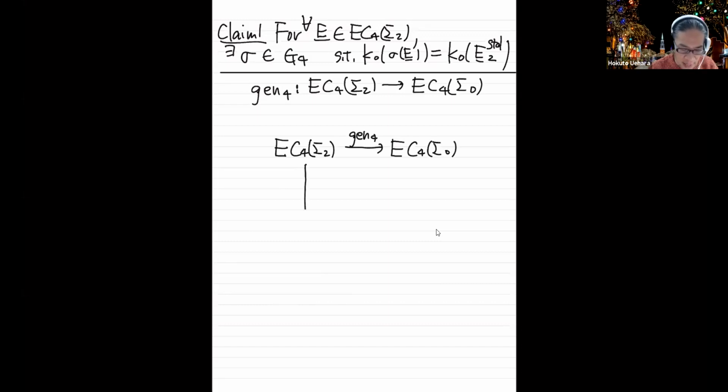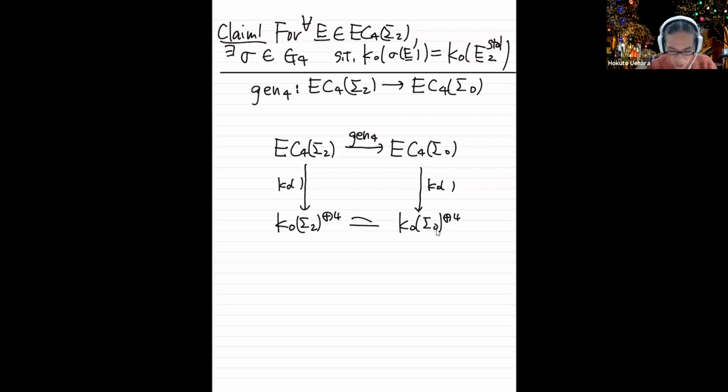Taking the class in the Grothendieck group, I denote this map K0, with K0 sigma 2 plus 4, and K0 sigma 0 plus 4. And actually, we can check that by the deformation, we can naturally identify these groups. It's just Z4.